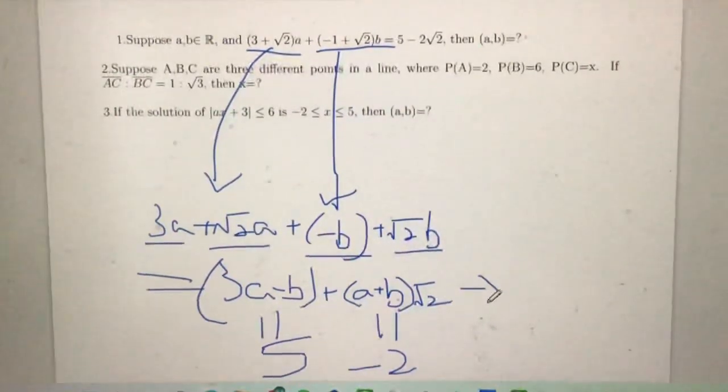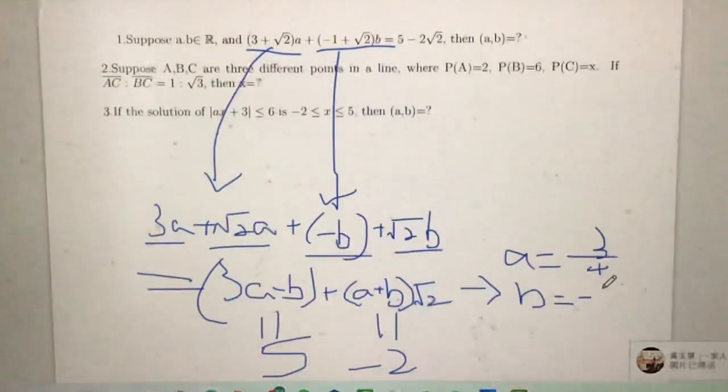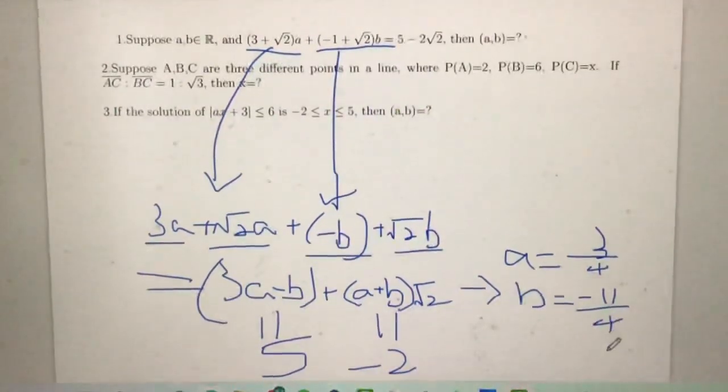It is easy to compute. So we can get A equals 3 quarters, and B is minus 11/4. So this is our answer. Okay, so this is the first one.